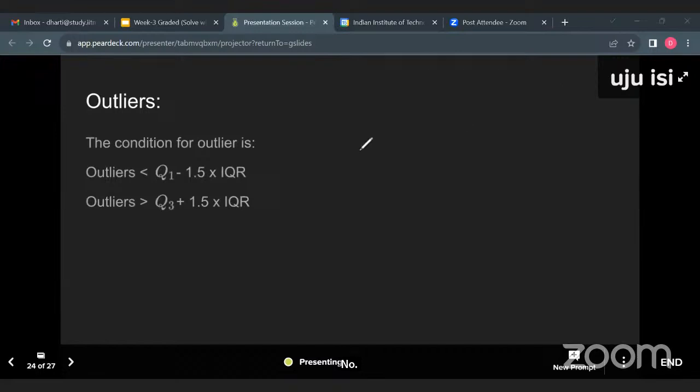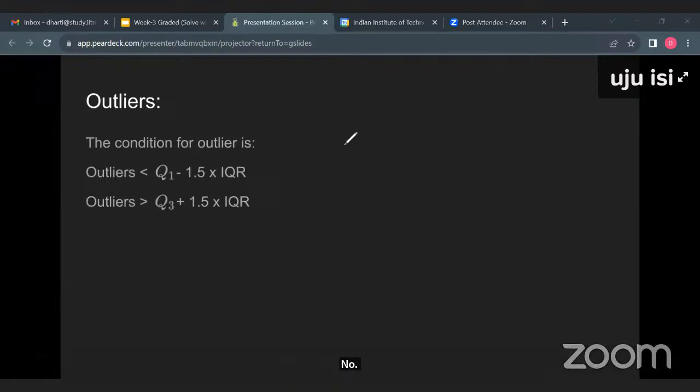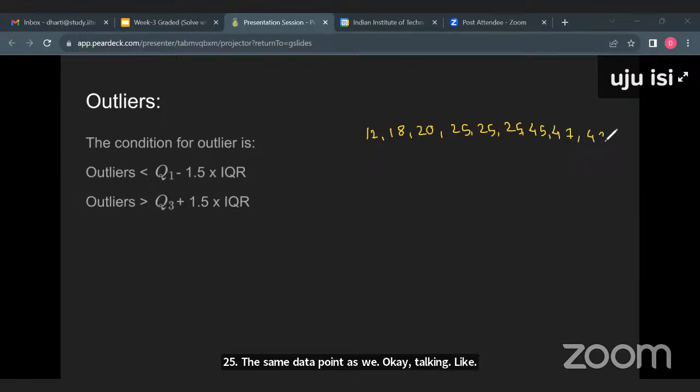So, what are the outliers of any data point? Let's say there is a data set 12, 18, 20, 25, 25, the same data points we were studying in all these questions.